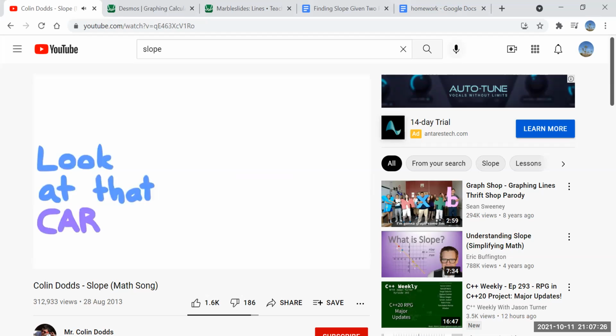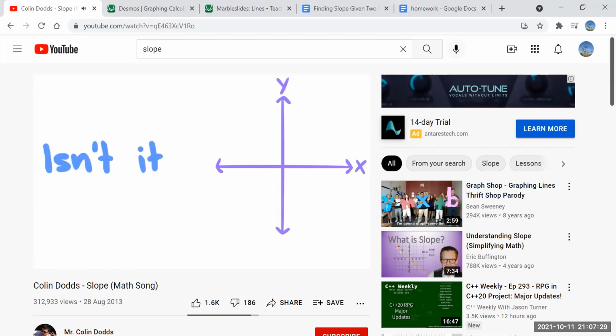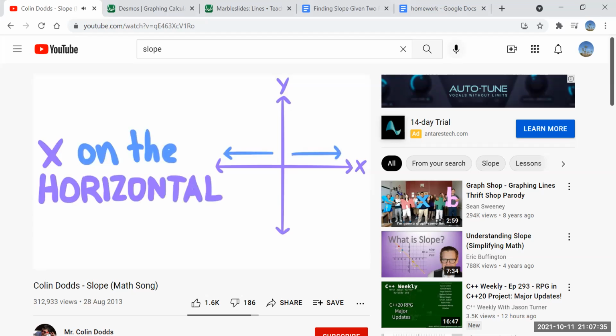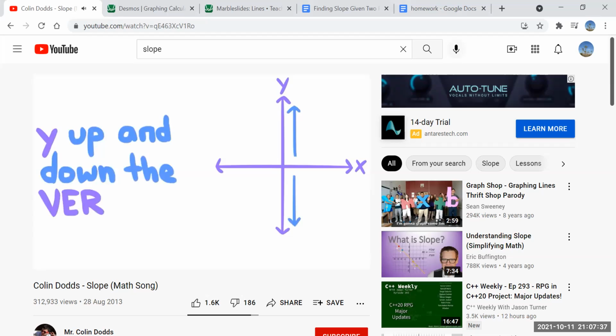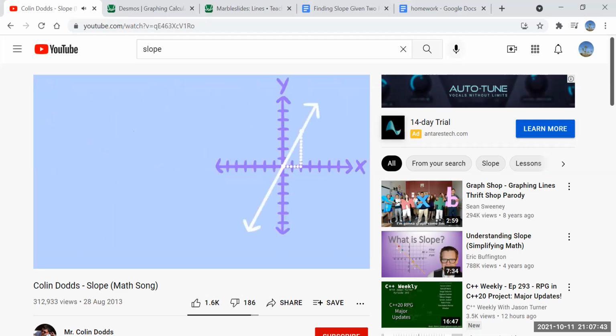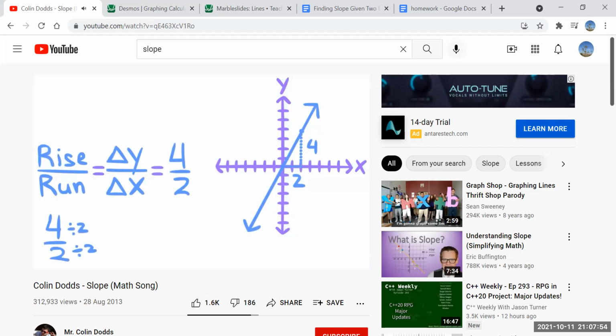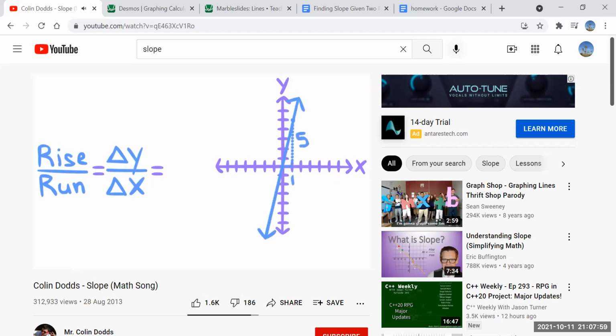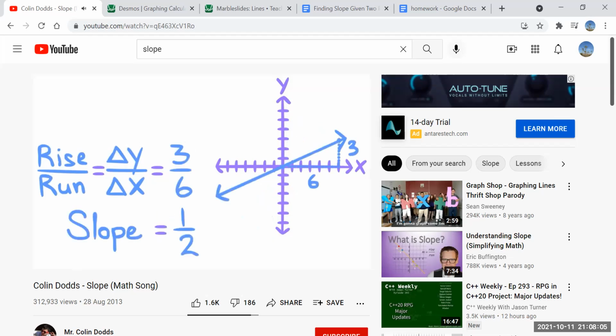Look at that Cartesian plane. Isn't it just so beautiful? X on the horizontal, Y up and down the vertical. Now there's this thing called slope. There are two ways that it's expressed. It's the rise over run. It's the change in Y over the change in X. Slope measures the steepness of a line. A higher slope means a steep incline, and the reverse is also true. A low slope makes the line flatter too.